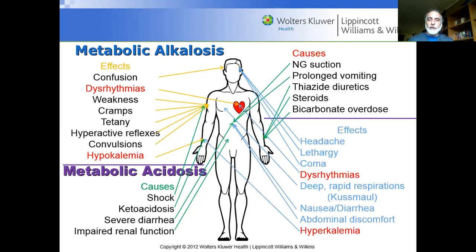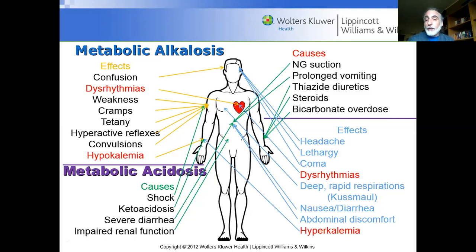So headache, lethargy, coma, dysrhythmias. We're going to skip this for just a second. Nausea and diarrhea, abdominal discomfort. Oh, look, here we are again, flip sides of the coin with potassium. Hypo for alkalosis, hyper for acidosis. Deep, rapid respirations.